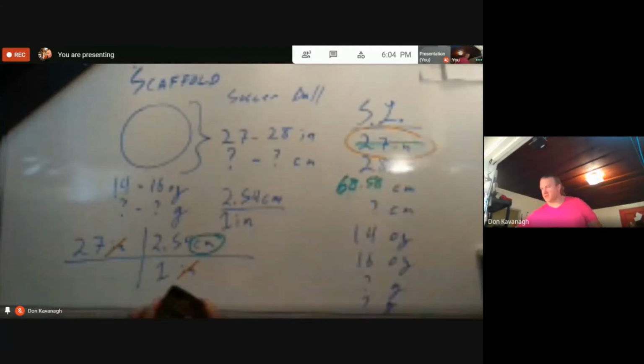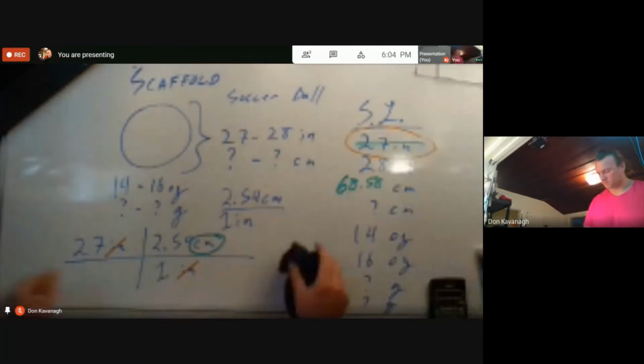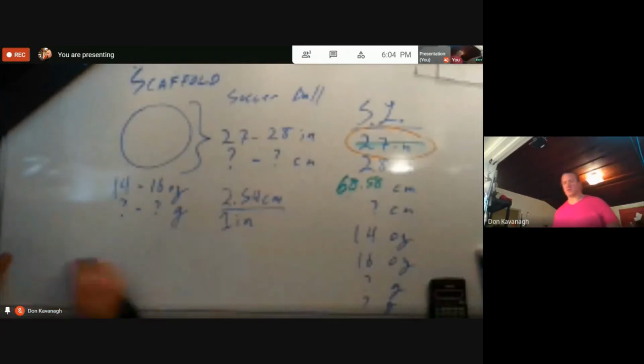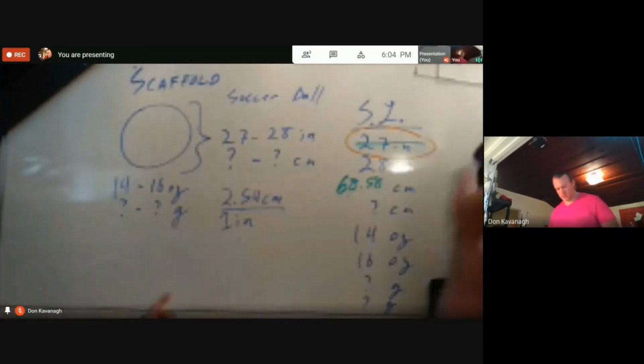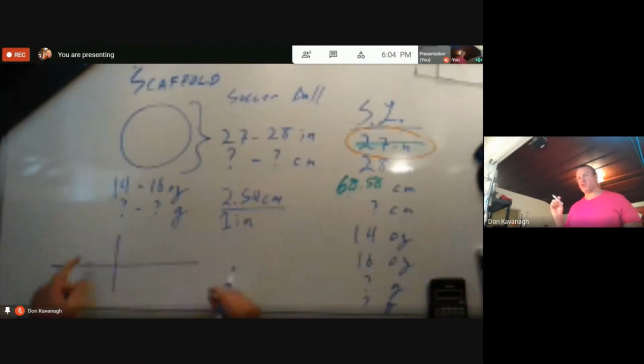Now we'll do the second conversion because I want to show you the smart start. The smart start is starting your scaffold with the unit you want in the numerator from the beginning. Follow along.